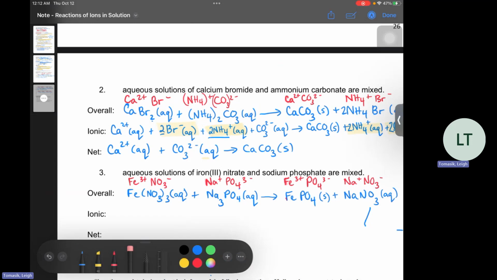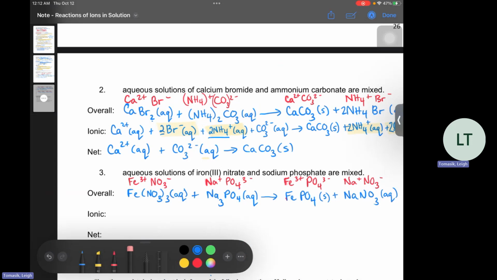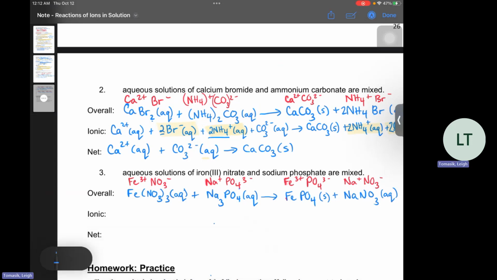Doesn't matter to me. I can read it just fine either way. Okay, is it balanced? No. We need 3 of these. And now it's balanced. Okay, so the total ionic equation, everything aqueous becomes ions.